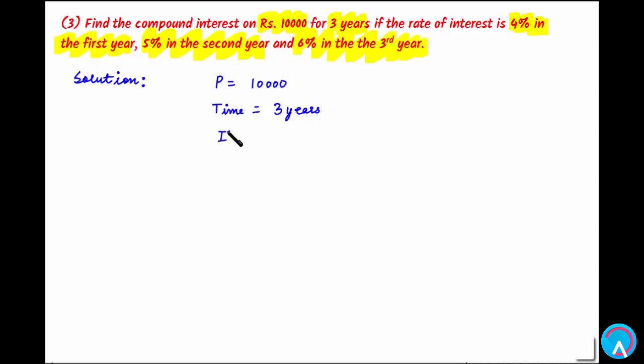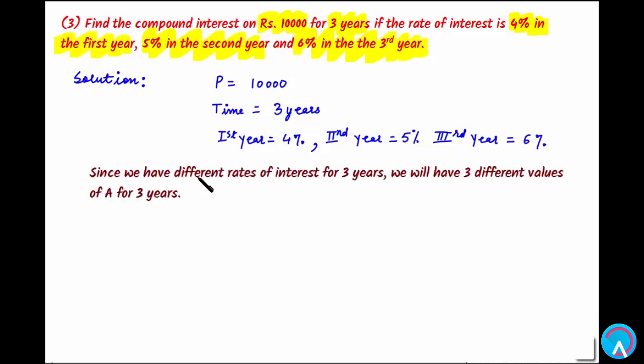In first year, the rate of interest here is given as 4%. In the second year, the rate of interest is given as 5%, and in the third year, so this is our third year, the rate of interest is given as 6%.